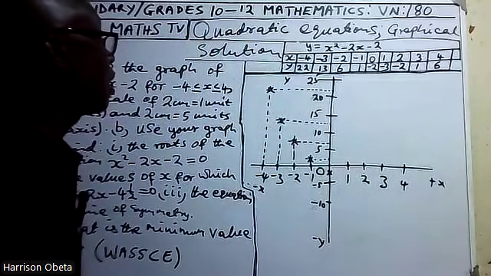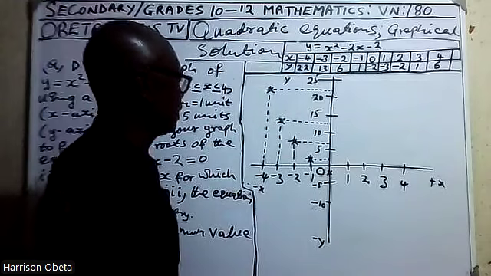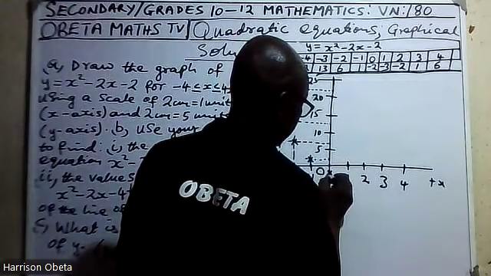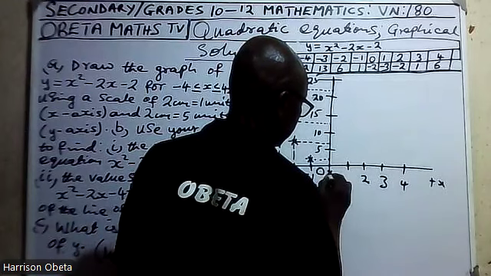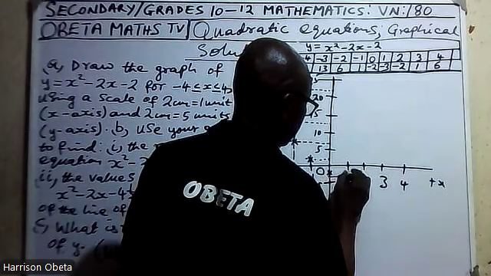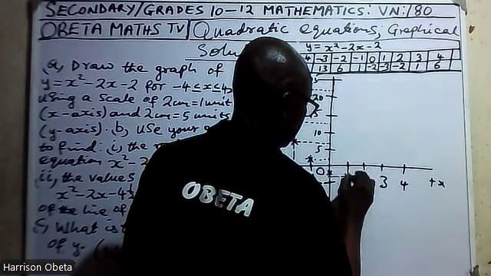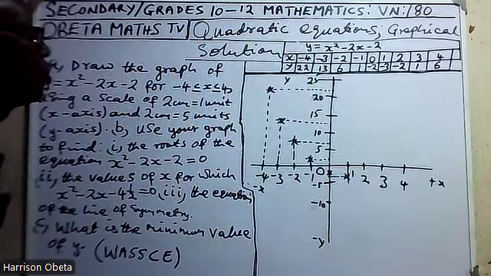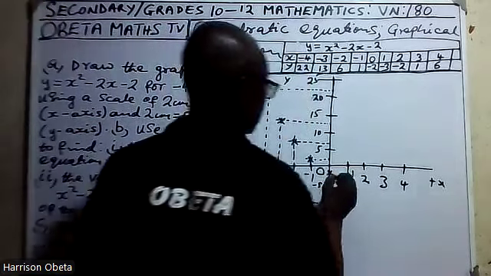So when x is 1, y is minus 3. Let's take it to be here. So this is 1. When x is 2, y is minus 2.